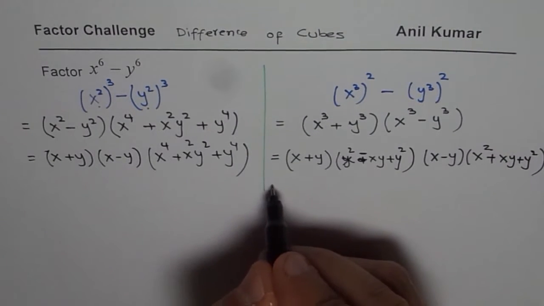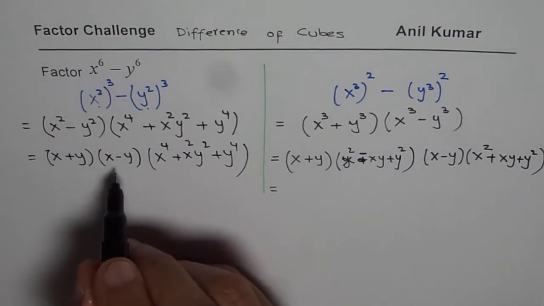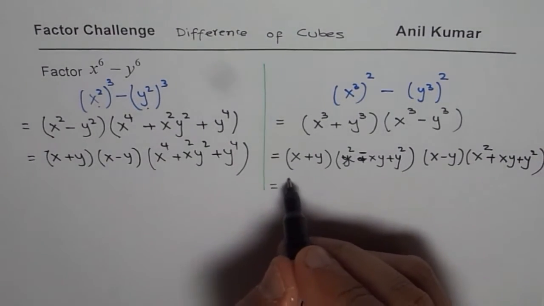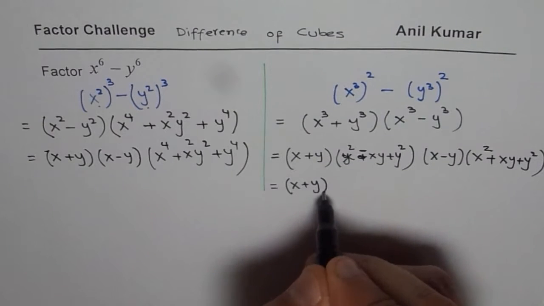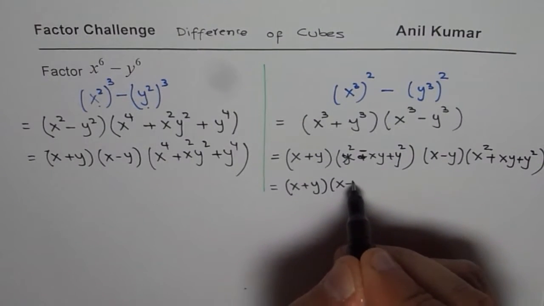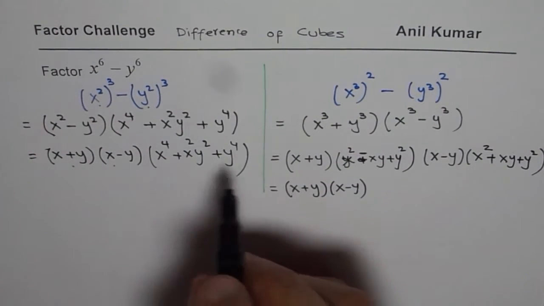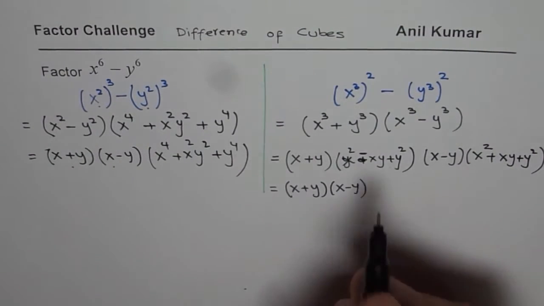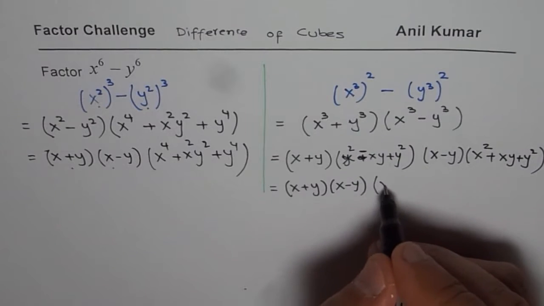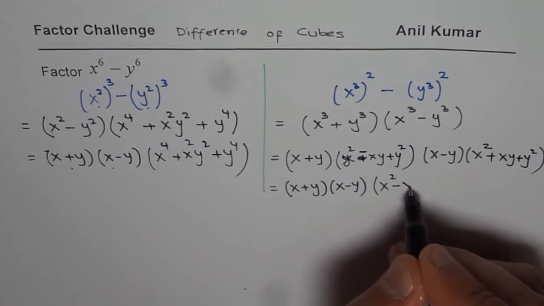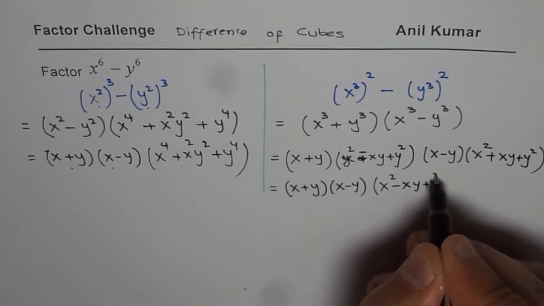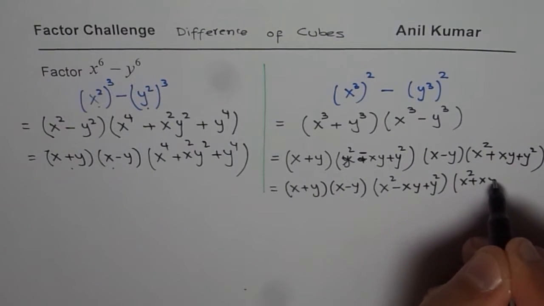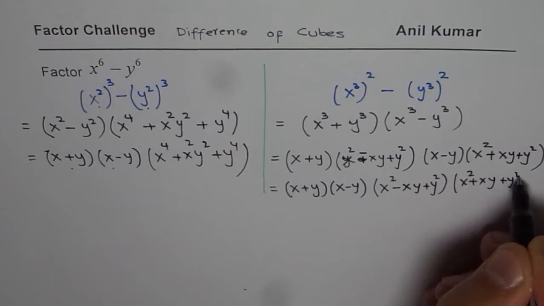Now you see, this is very different from the result you got here. If I combine, bring them together, it is kind of x plus y times x minus y. So they are same. But the third factor is combination of product of these two. Let me rewrite them. It is x square minus xy plus y square times x square plus xy plus y square.